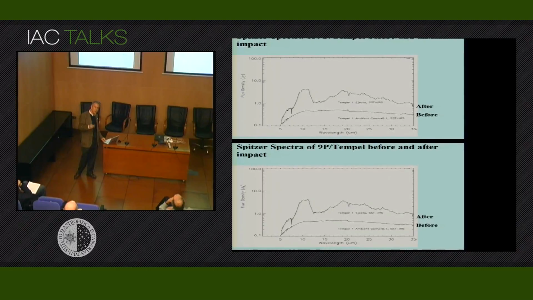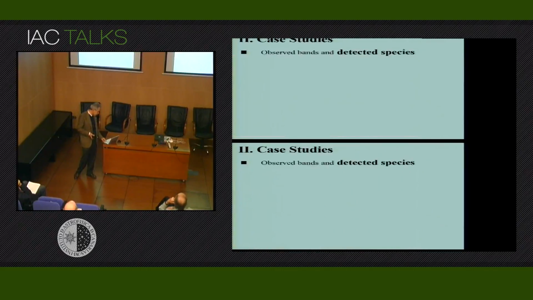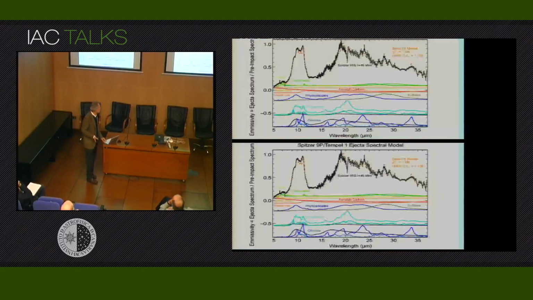So we observed all these bands. So what species produce these bands? This is work by Casey Lisse and collaborators, and they did a very detailed model of the emission from comet 9P Tempel after the impact, and that is the upper spectrum. Those are the observations.